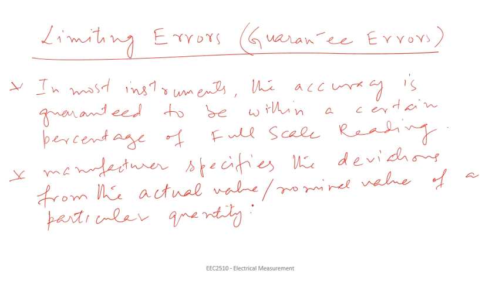Okay, so the limits of these deviations from the specified value are called limiting error or the guarantee error.